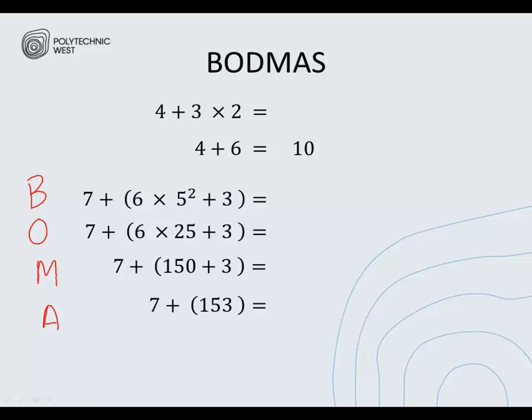Everything from there to there was dealing with the bracket. Now we look at what's left and we do BODMAS again, and we've got no brackets, no powers, no division, no multiplication, and then what we've got is an addition. 7 plus 153 is 160. So we do the last addition.